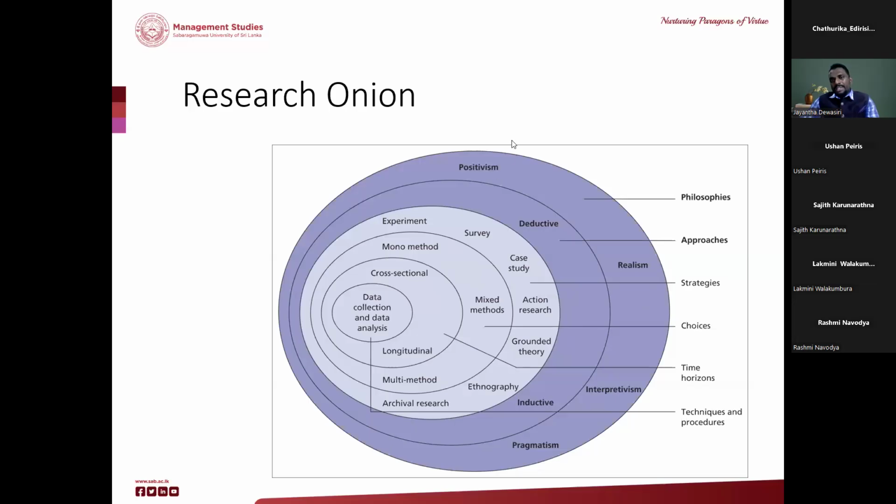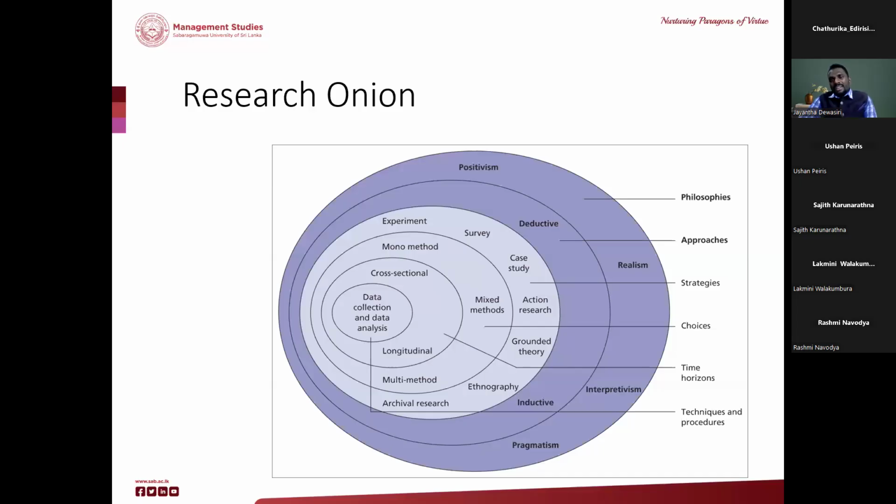Positivism is basically based on objectivity. Positivist researchers believe that there is an objective reality to the research you are conducting. They do not believe in personal experiences and values.